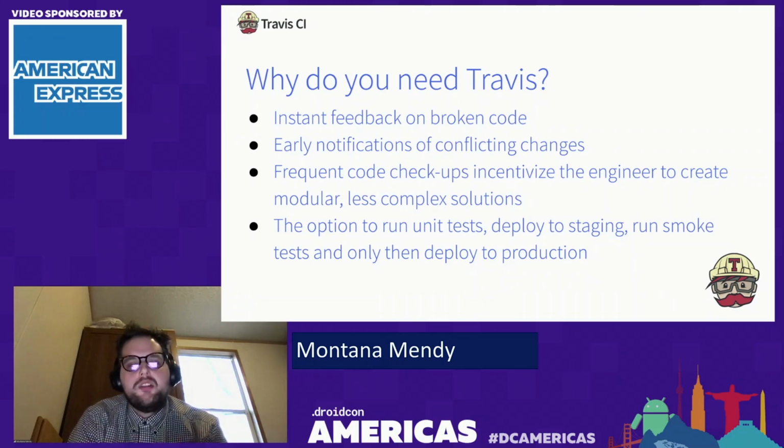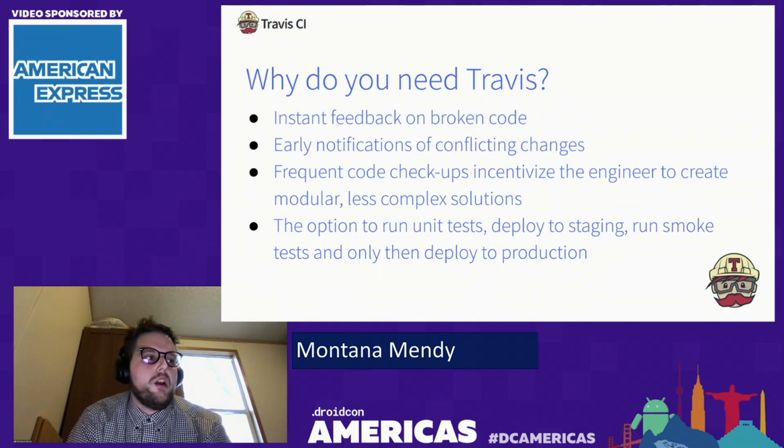Early notifications of conflicting changes, whether that be a dependency problem, what have you. And of course, you can set up cron jobs for frequent code checkups. And this ultimately, in my experience, incentivizes the engineer to create modular and really less complex solutions.